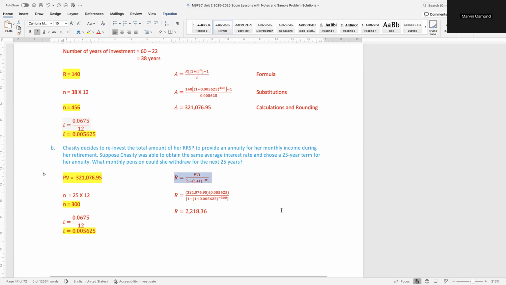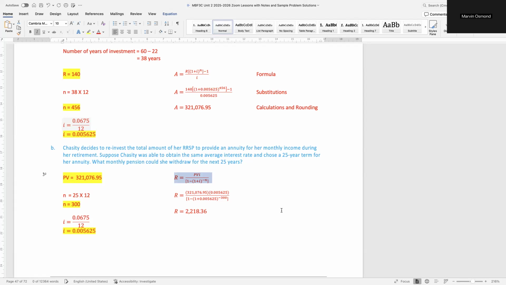Divide that by bracket, just like you see there, 1 minus bracket 1 plus 0.005625, close the bracket, to the power negative 300, and then close the bracket, press enter.